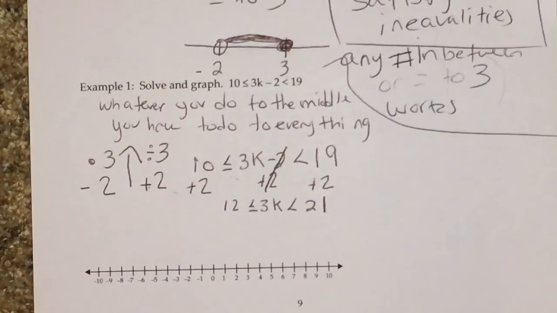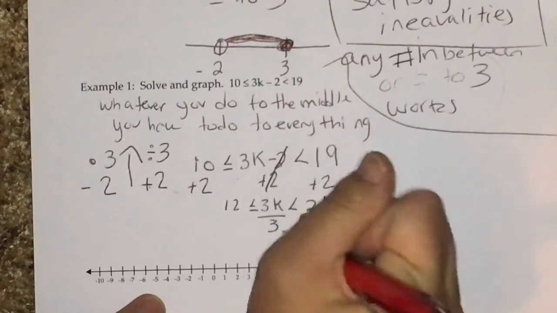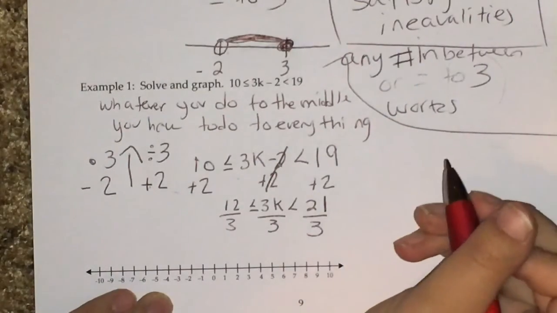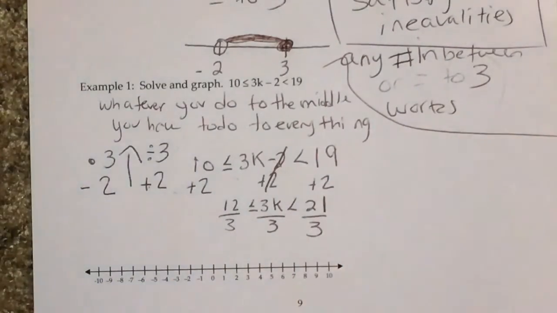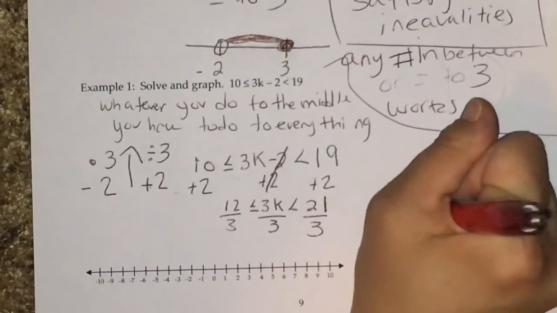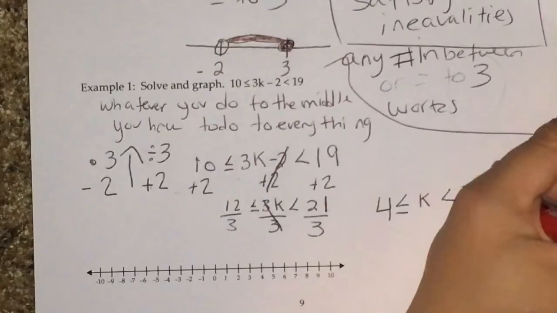Now from here, I need to divide by 3. I'm not just going to divide by 3 to the middle, I'm going to divide by 3 to everything. And hopefully you guessed it, if I was dividing by a negative number, I would still flip the sign. So I have 4 is less than or equal to k less than 7.